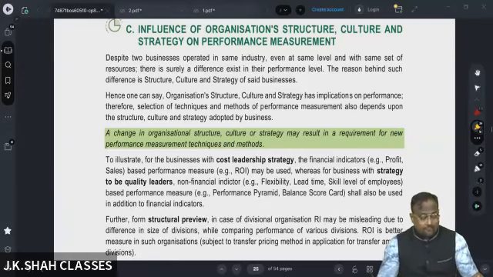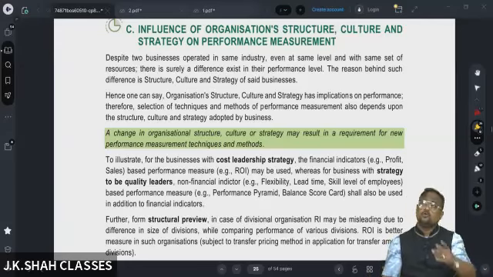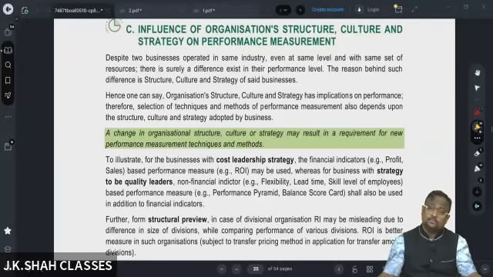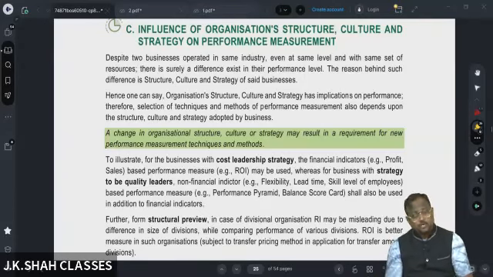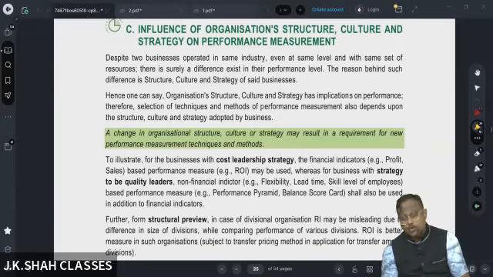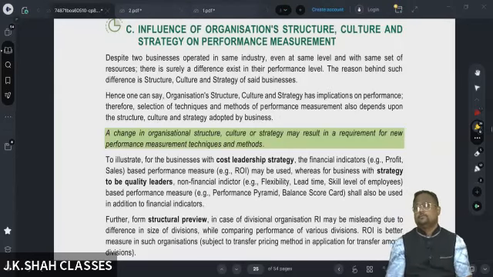Like अगर मैं influence की बात करूं तो structural influence matter करता है. जैसे लाइन ऑर्गेनाइजेशन हो, तेरे को जो बोला उतना कर, बात खत्म. लेकिन डिविजनल ऑर्गेनाइजेशन है तो I have a right to take decision for my own department. I can take the decision because I'm the entrepreneur of my own department.